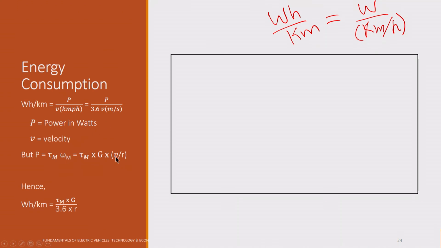So, if I use this equation and substitute it here, I will find that watt hour per kilometer is equal to motor torque into gear ratio divided by 3.6 into R. What is nice about this equation is it tells us clearly what is happening. The term 3.6 is a constant, it is just a number. The R and G are again constants because they just depend upon the vehicle.